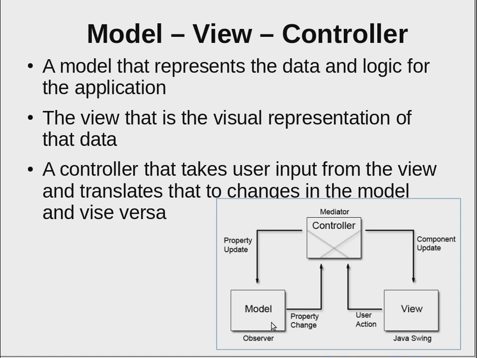Then there is the model part. I think it's coming from business model, but in general this means that these are your structured business data which you store to handle a particular process you want to handle with this application. And then there is the controller part which connects view and model in such a way that the user does something in view, like pressing an add button to add some row.